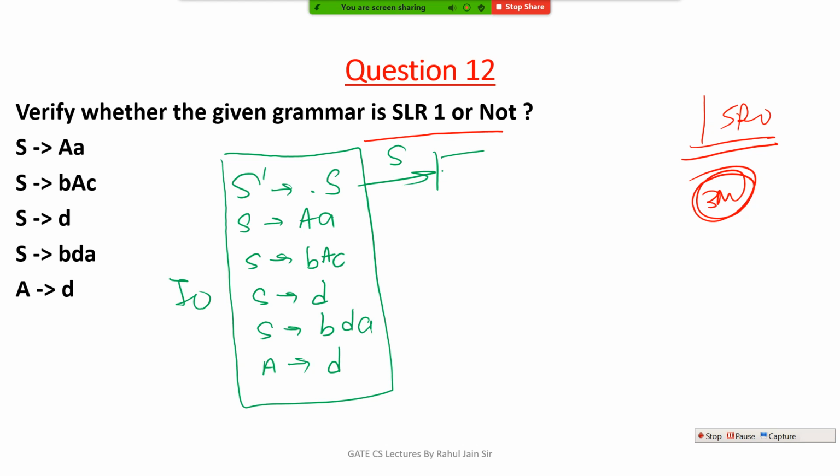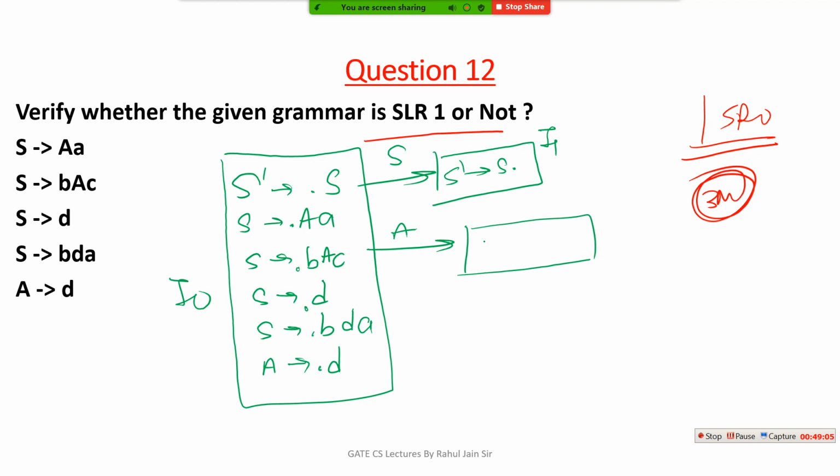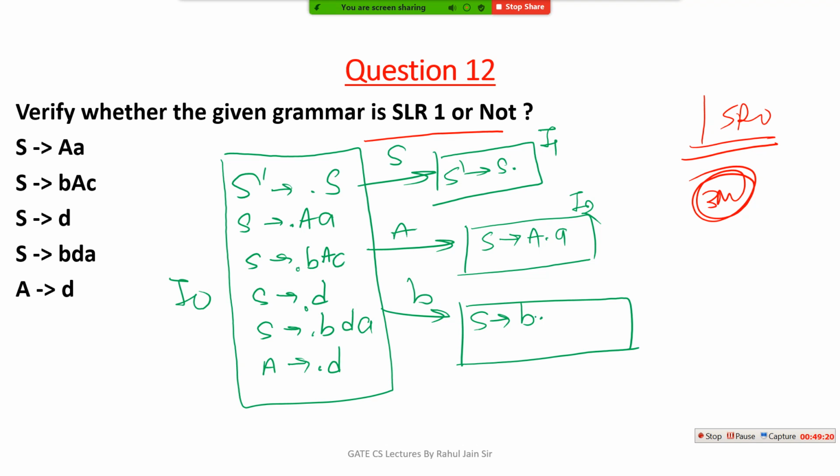From the starting symbol, I am moving to I1. I am making LR(0) items on capital A. On non-terminal A, I am moving to I2 by shifting A. Now on B, I have B, A and C. As I am getting a dot before a non-terminal, I need to include all the transitions of A. That is, I need to include A derives dot B here, and one more B transition is there.